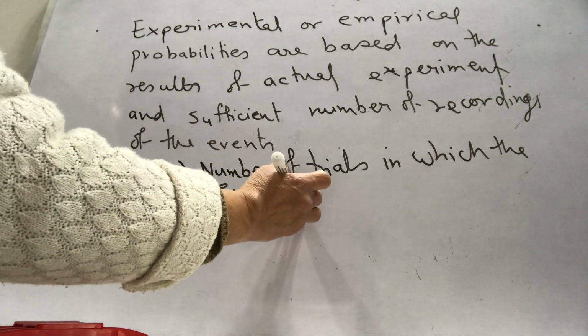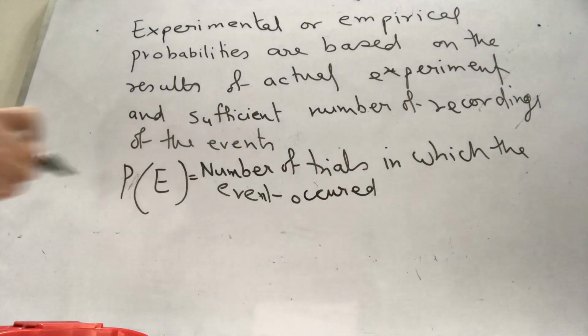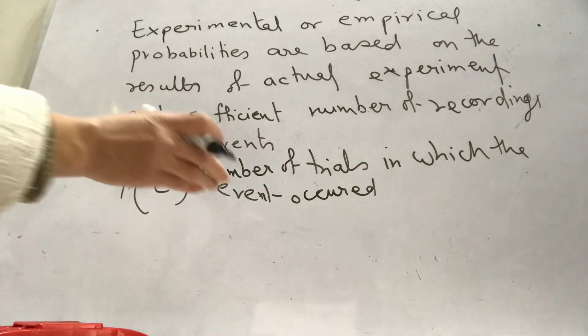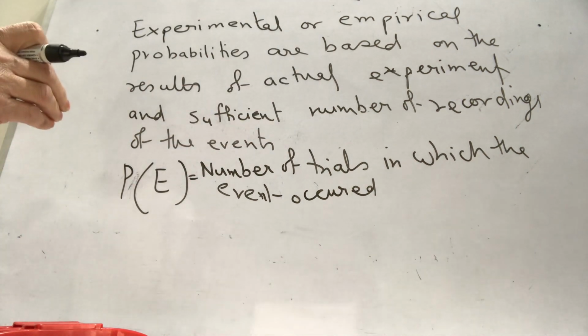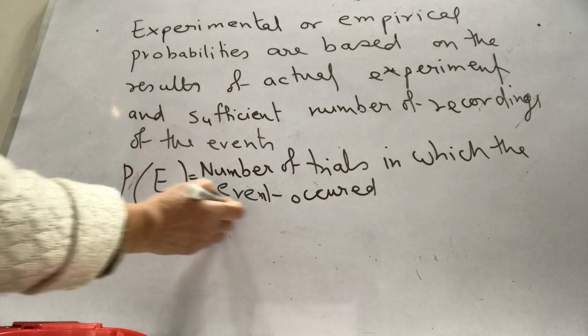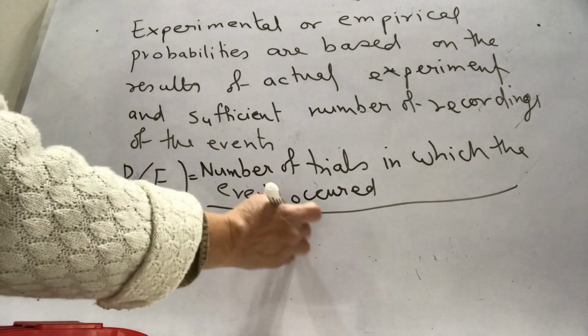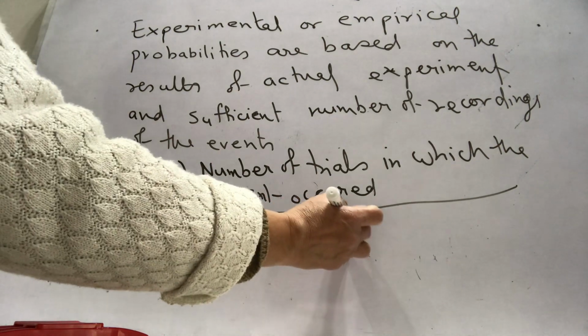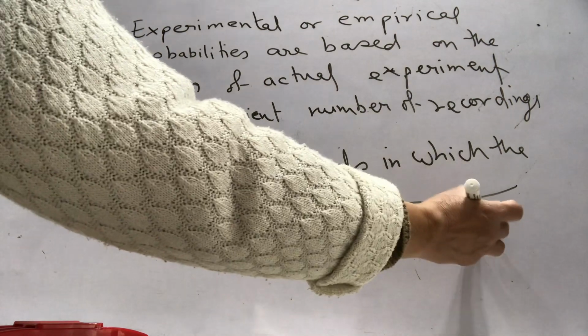What do you mean by this? That I am successful if I get a head. So we will check how many times head appeared. So number of trials in which the event occurred upon the total number of trials.